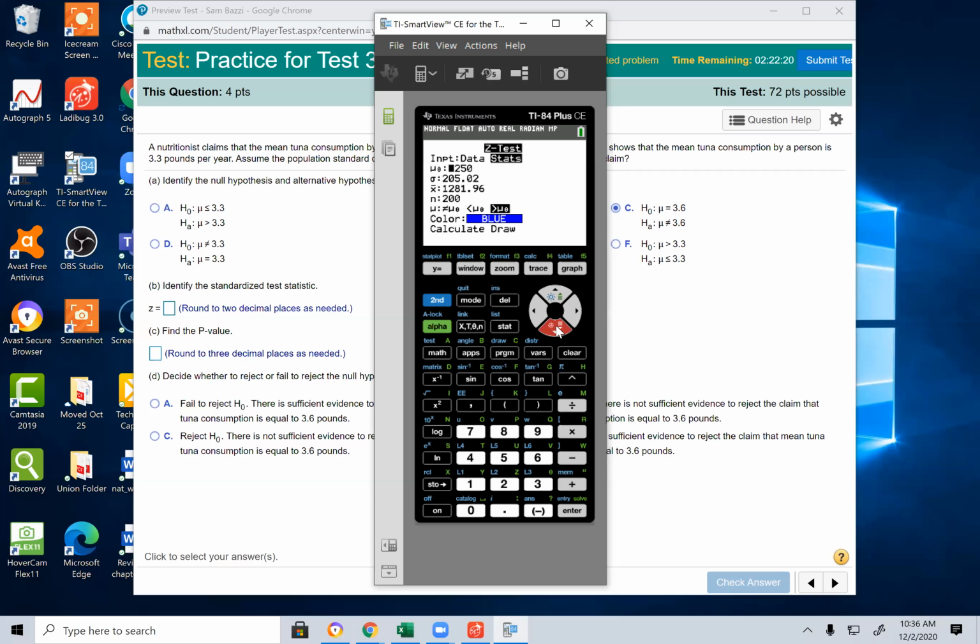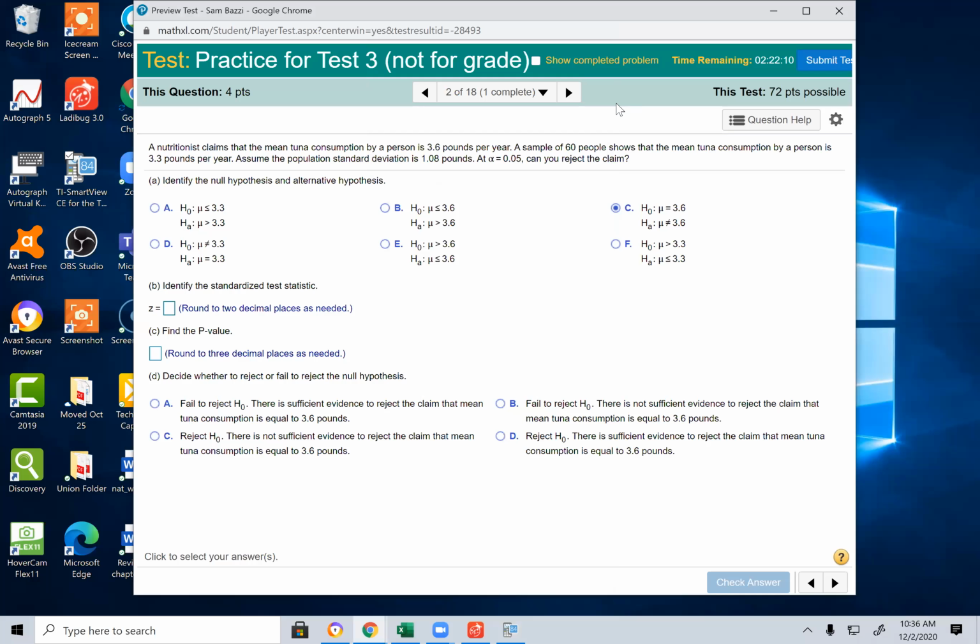So mu0 is 3.3. And sigma, let me just get it back. Sigma was 1.08 and n is 60.